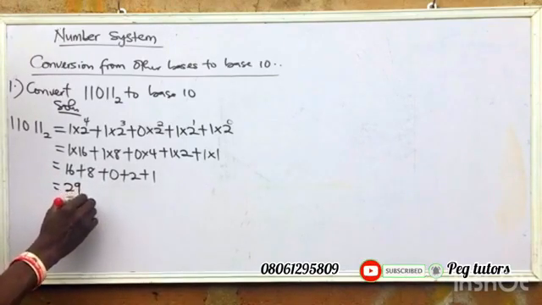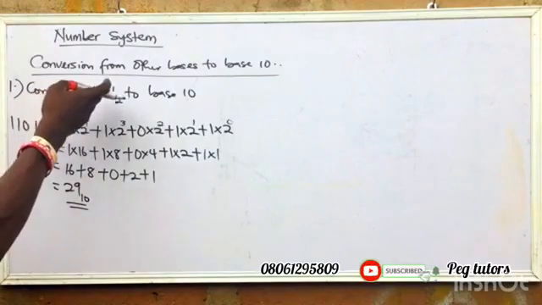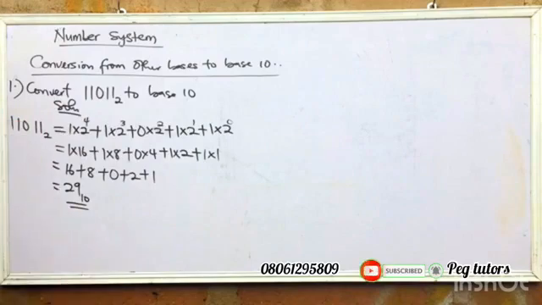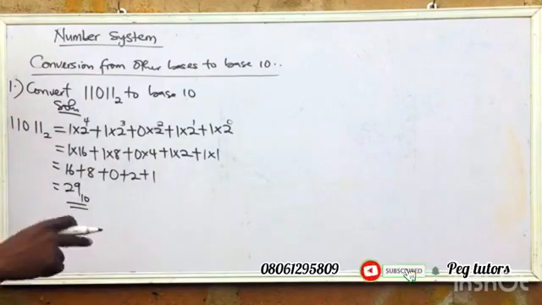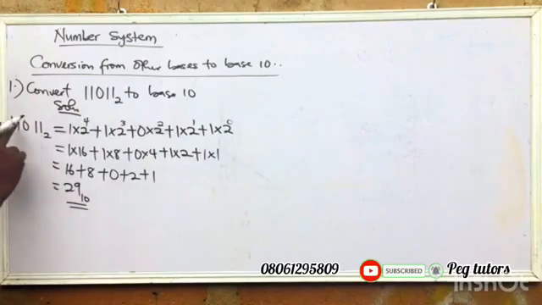That's the base 10 answer, 29. So 11011 base 2 gives us 29 in base 10. If you want to confirm, you already know from the past video how to convert from base 10 to other bases. So you can convert 29 to base 2, and if it still gives you 11011, then we are good to go.